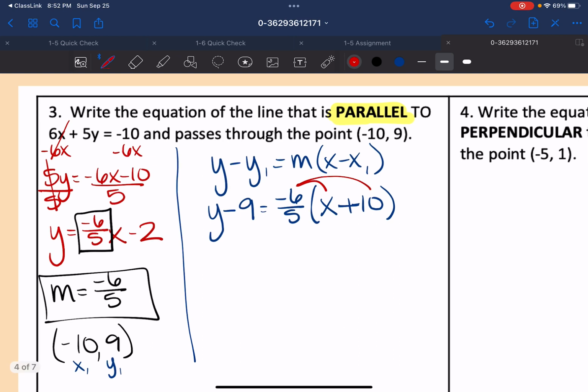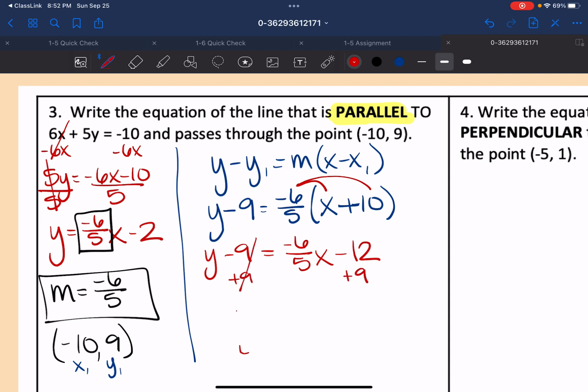So we can see negative 6 over 5 x. And then when we multiply, negative 6 times 10 is negative 60, divided by 5 gives me negative 12. And we can bring that left side down.